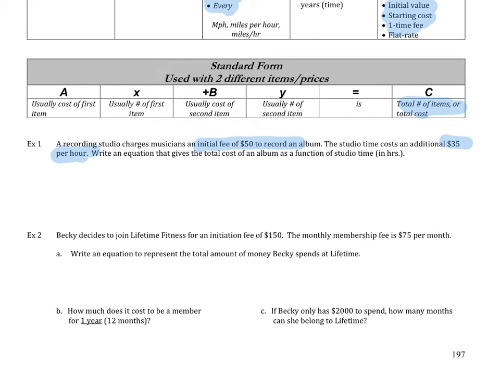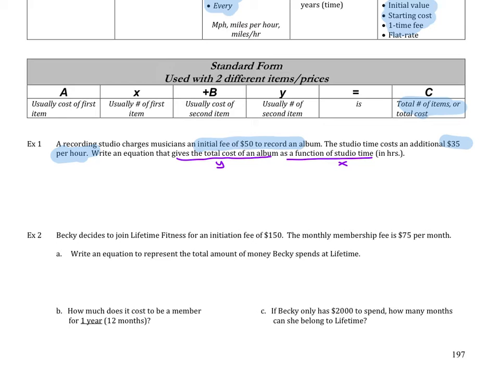When we do these problems, we need to set up our variables to mean something. When it says to give the total cost as a function of studio time, the total part is almost always our y, and the studio time, the thing that says as a function of, is going to be your x. So y is the total cost and x is the studio time.